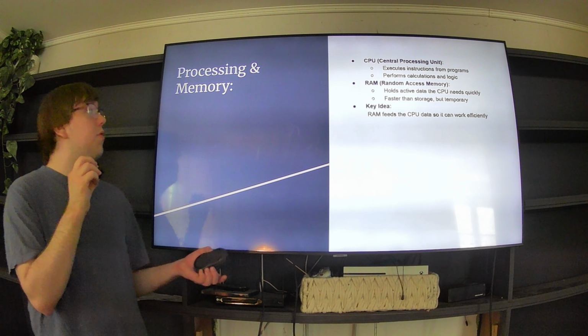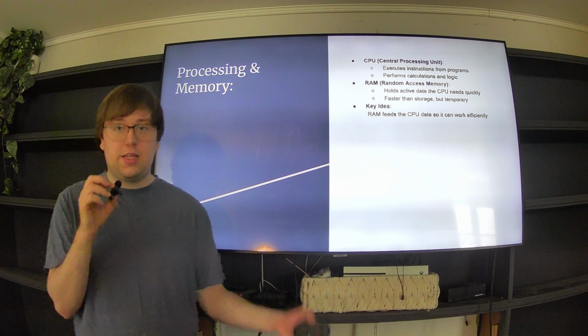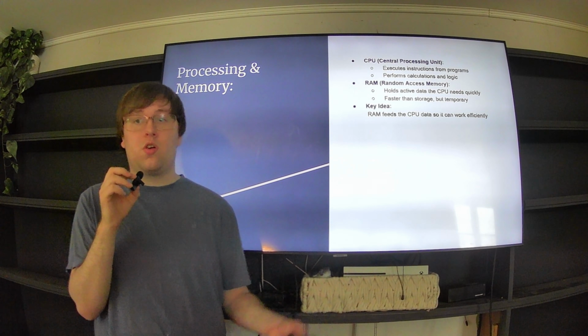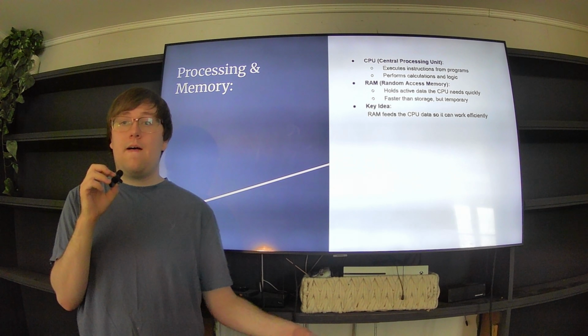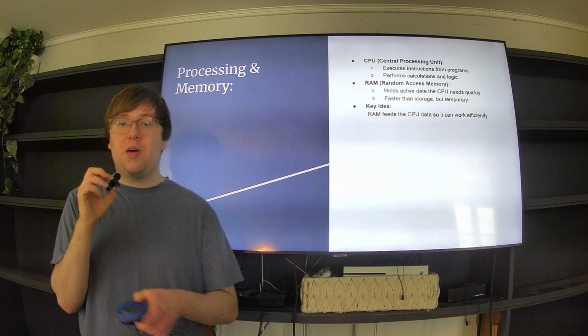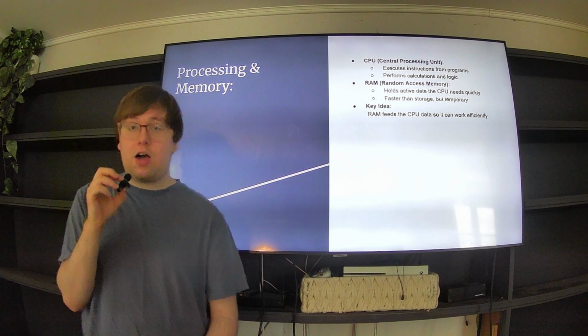So first, the processing and memory. The CPU, also known as the central processing unit, executes instructions from programs. It takes that information to run the application a little better, maybe a little faster, and it performs calculations and logic.